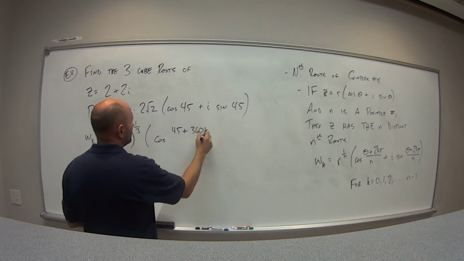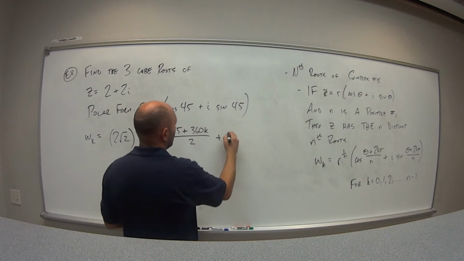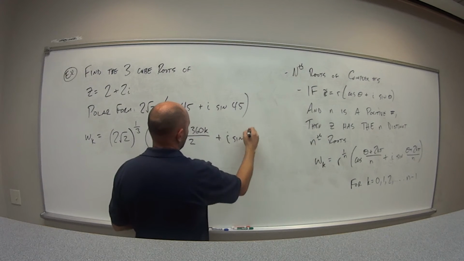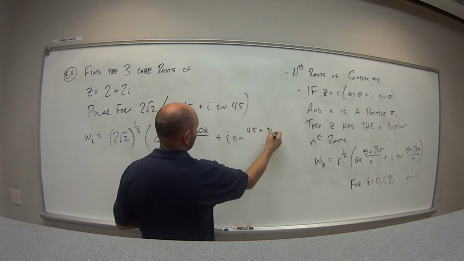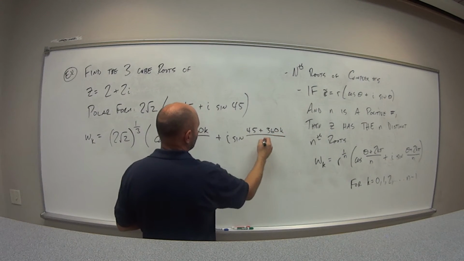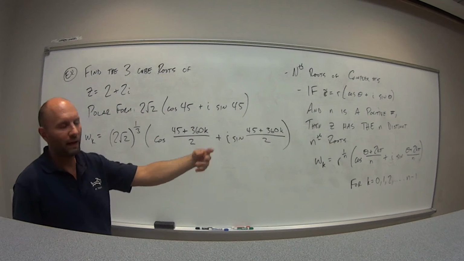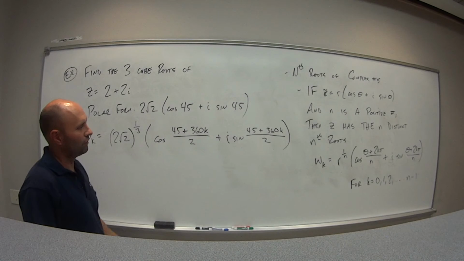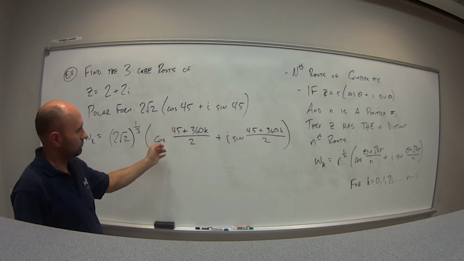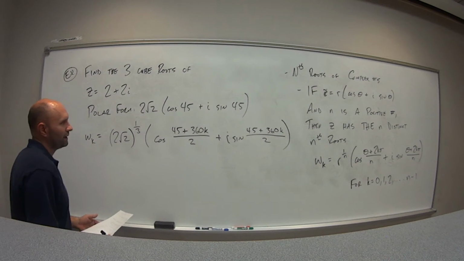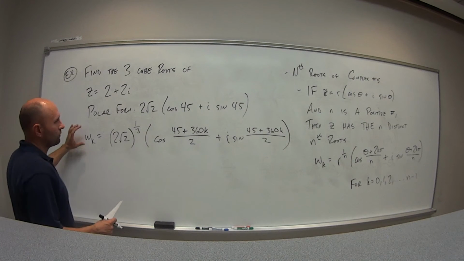So 360 times k all over 2 plus i sine, the same thing, 45 plus 360k over 2. And again, I'm using the degree measures just so when I have to start calculating, I don't have to work with all the radian measures. I can just use degrees, divide them out, and figure out what the values are. This will be a calculator problem. So this is our omega k.